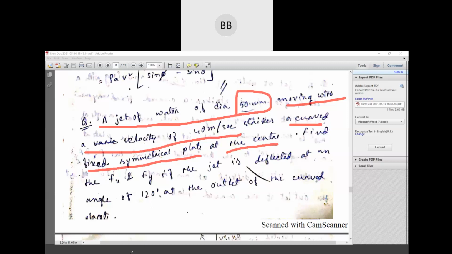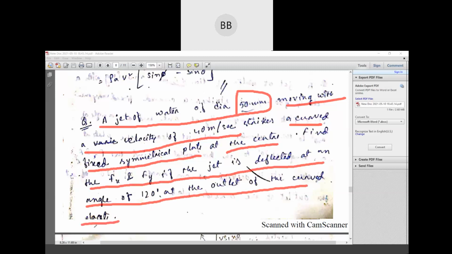Find the F of x and F of y if the jet is deflected at an angle of 120 degree at the outlet of the curved plate.